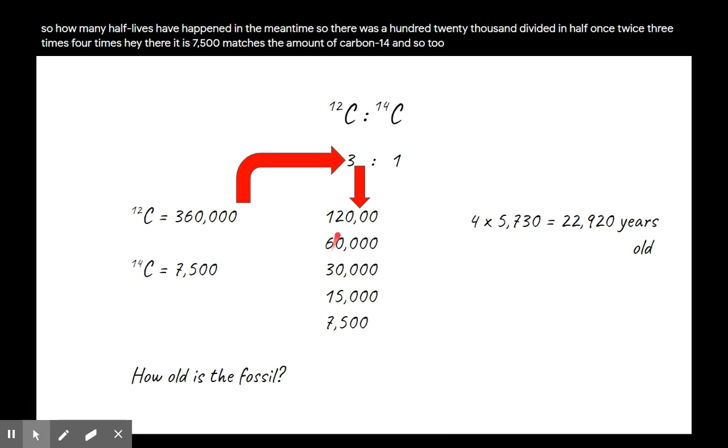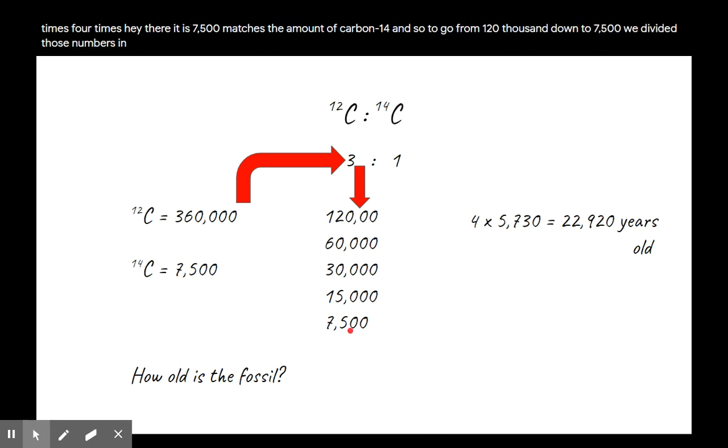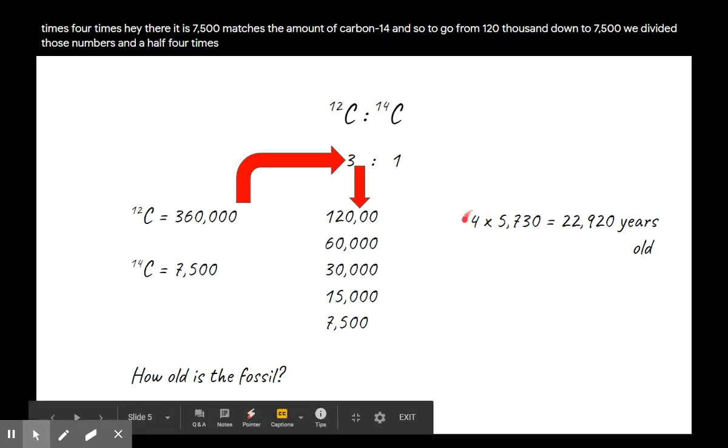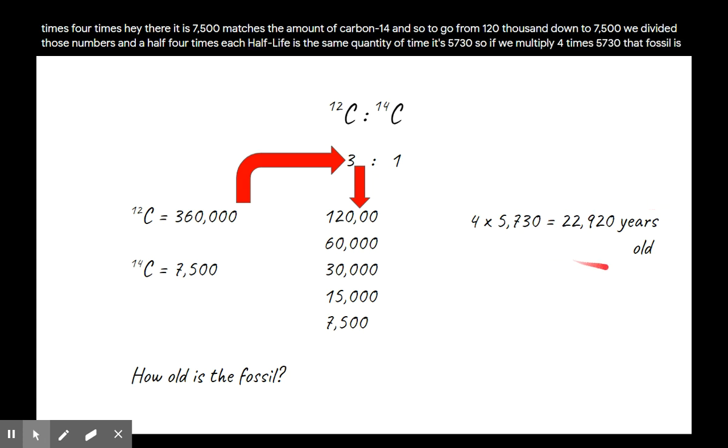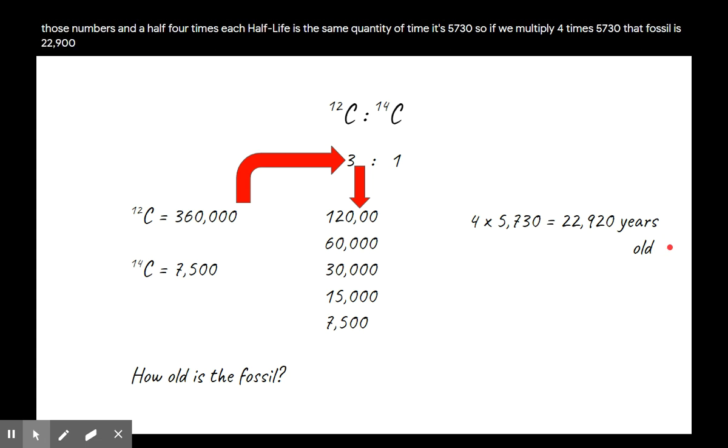And so to go from 120,000 down to 7,500, we divided those numbers in half 4 times. There's my 4. Each half-life is the same quantity of time. It's 5,730. So if we multiply 4 times 5,730, that fossil is 22,920 years old.